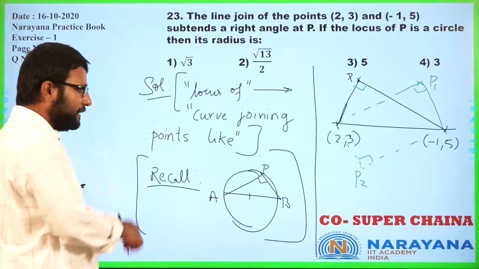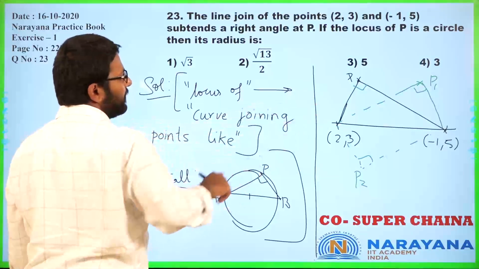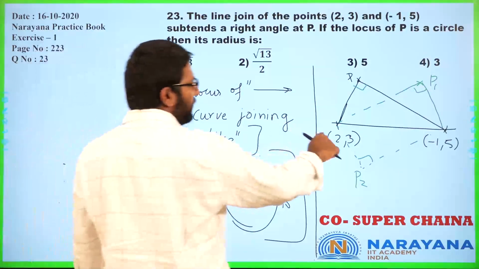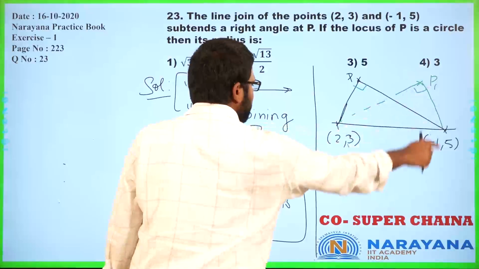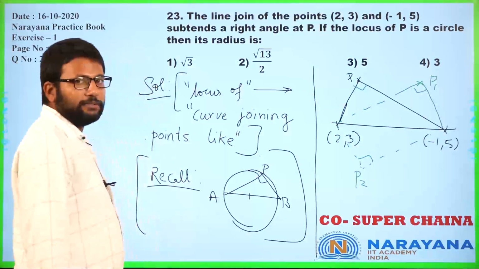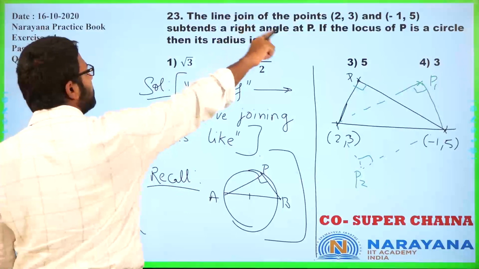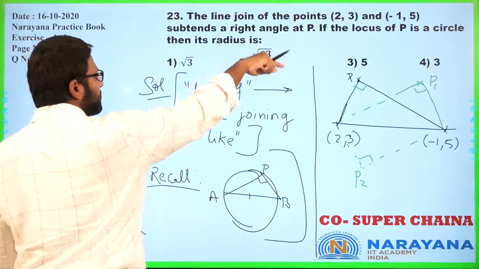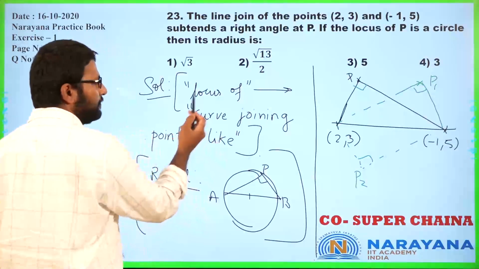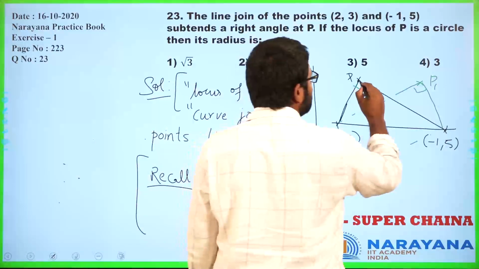This is something that you have studied in earlier classes. Now match these two diagrams. You can actually find infinite such points on which this line segment will subtend a right angle. And it is given in the question that the locus is a circle, which means the curve joining the points like P is a circle. So why don't you draw that circle?